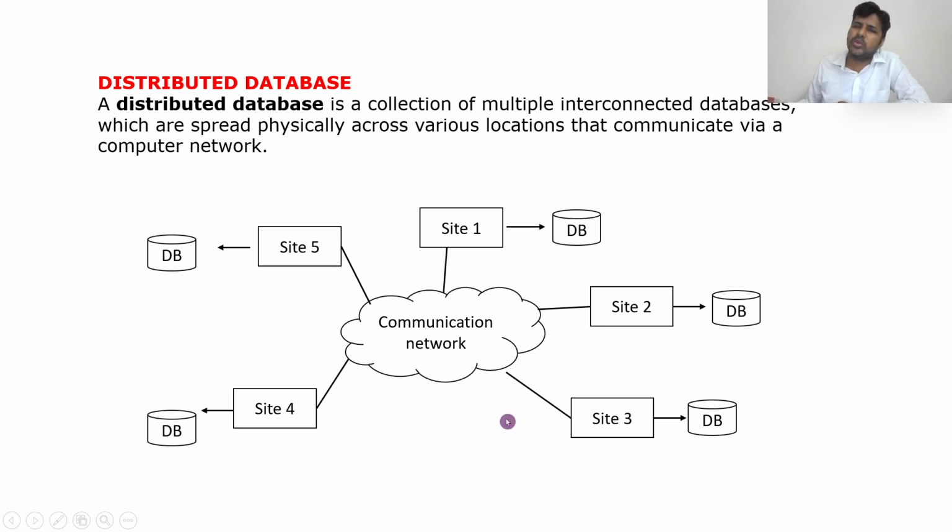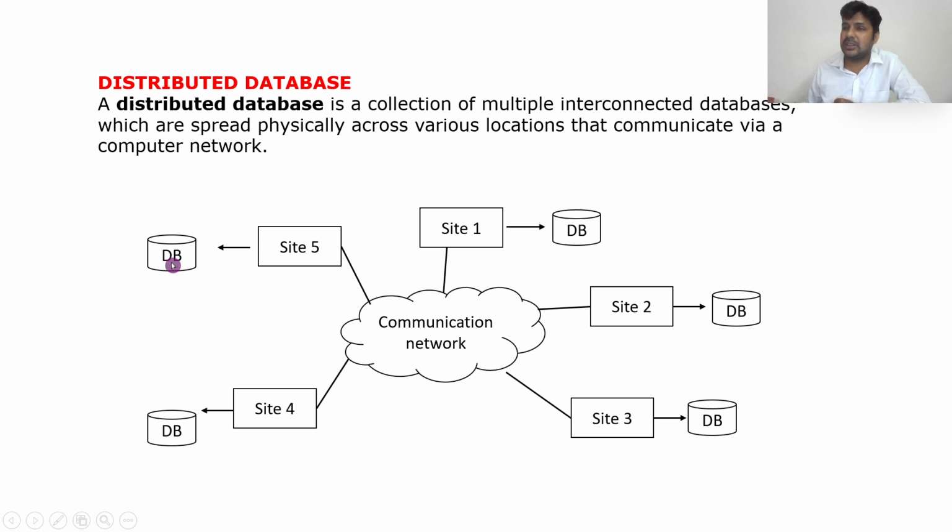Now what is the use of having a distributed database? Of course, there are some advantages and some disadvantages. Before that, let us see the major difference between a distributed database and a centralized database. The first main advantage of a distributed database is, suppose something happens to the database and it has failed, the client can easily get the data from other servers.